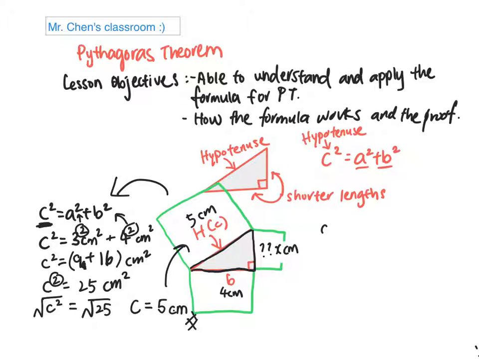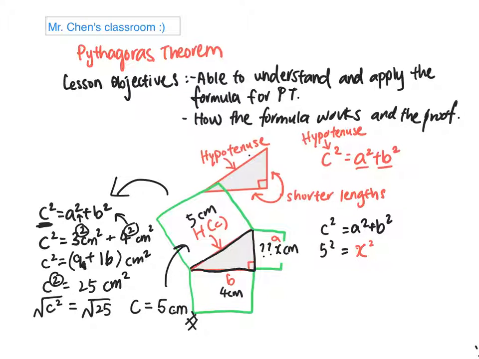Again, we'll use the same formula: c squared equals a squared plus b squared. So c is given, which is 5, so 5 squared, no problems. And a is not given, so a here is going to be x squared, because we don't know what that is.